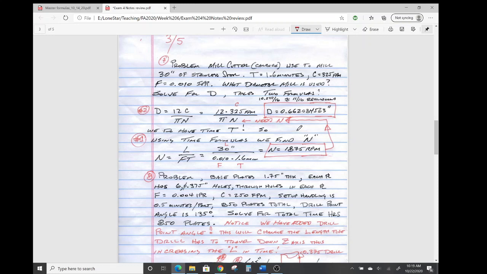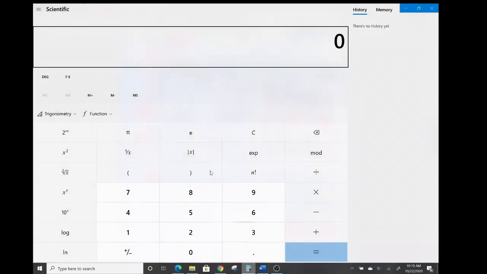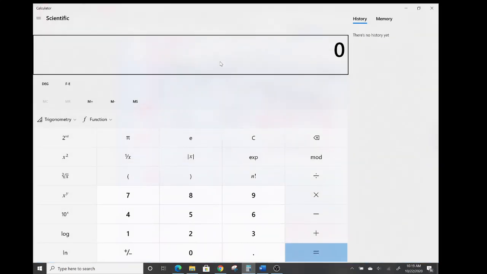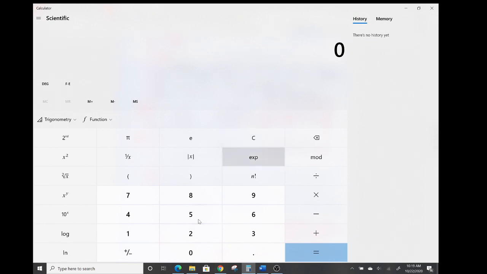So what would 0.66208 be in 16ths? Well, 0.66208 divided by the decimal of 1/16. 1/16 is 0.0625.